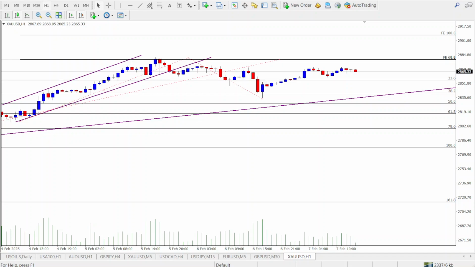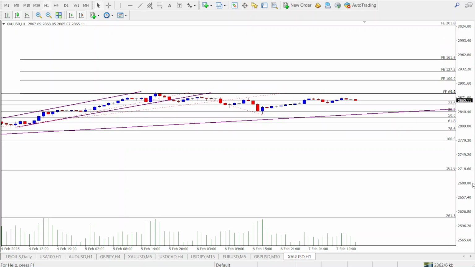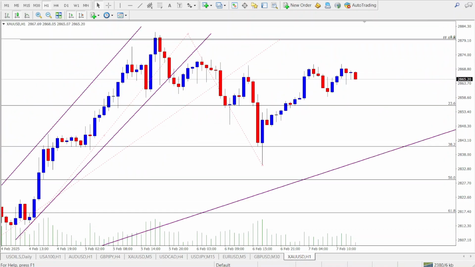Now, let's just do a quick recap. Fibonacci retracement levels help identify potential pullback zones before a trend resumes. Then your Fibonacci extension levels help project future price targets in strong trends. Okay? Always draw Fibonacci levels from swing low to swing high. All right?